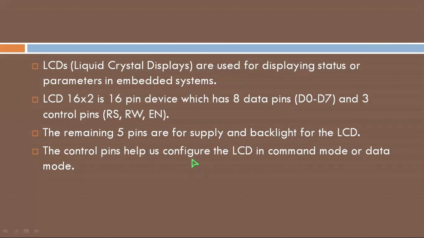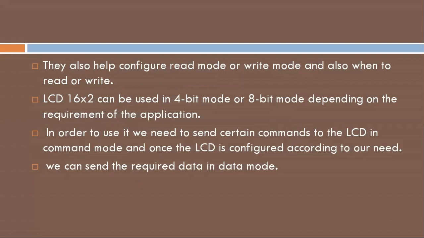The control pins help to configure the LCD either in the command mode or in the data mode. They also configure the read mode and the write mode when we are going to read or write on the screen.